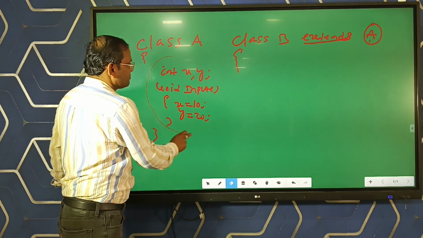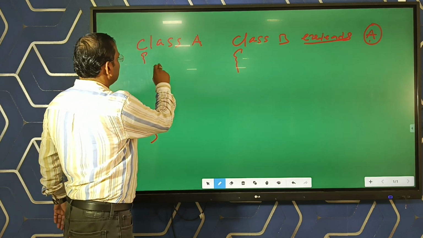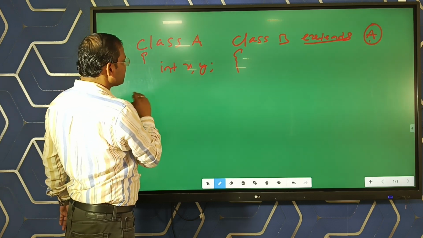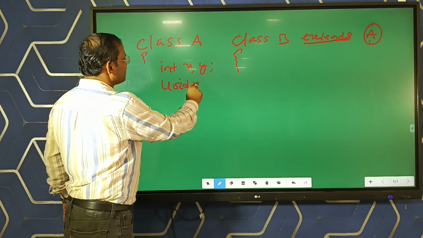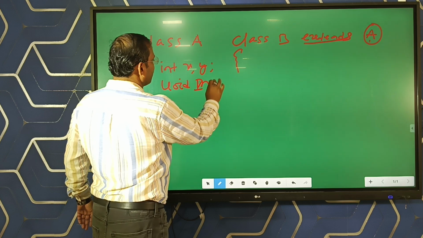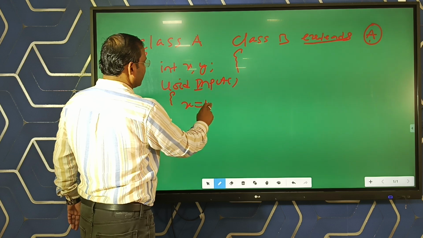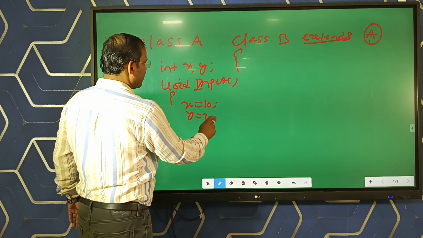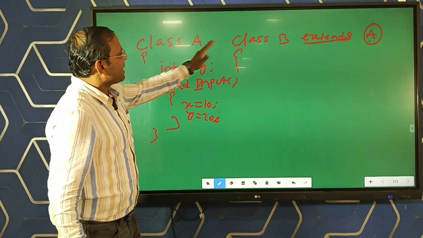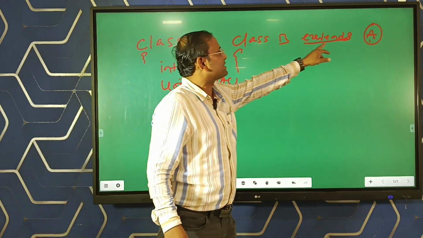Here class A is having properties x and y and its behaviors. Behavior means methods. The void input is a method. In that method, the value of x equal to 10 and the value of y equal to 20, right? If class B occupies the properties of class A, then you have to write extends.